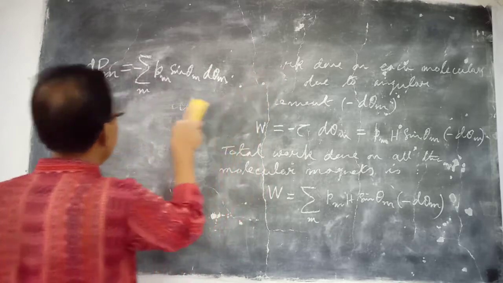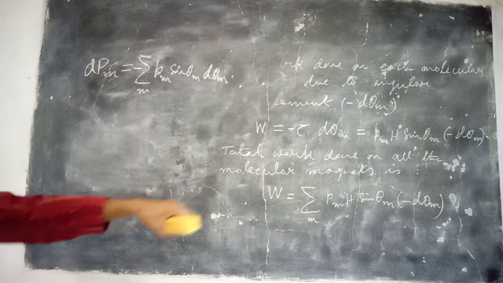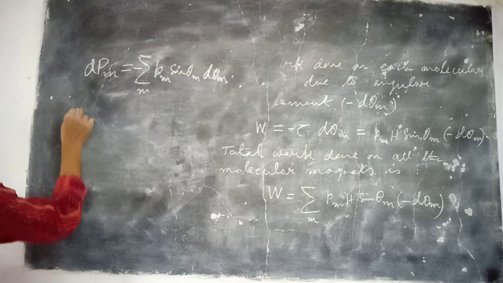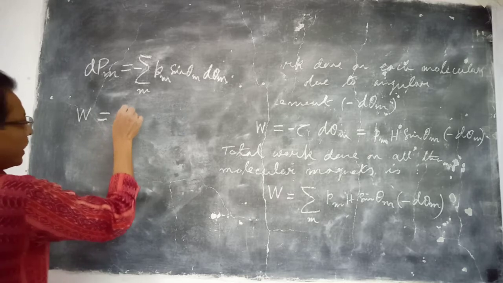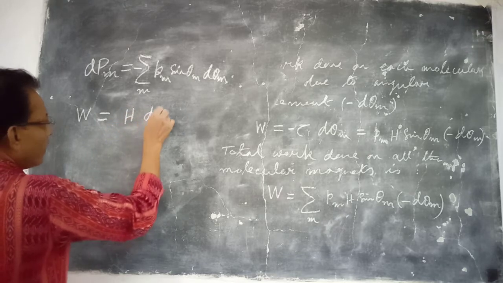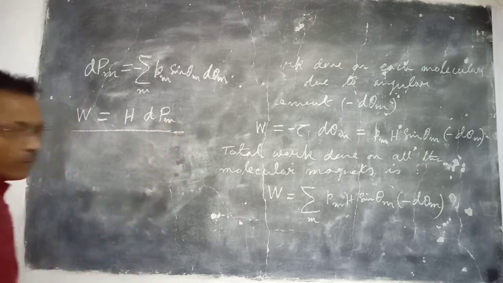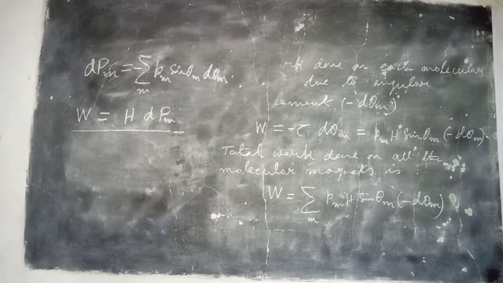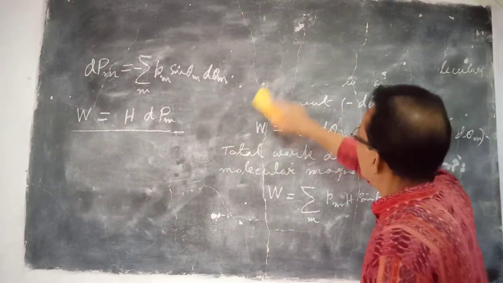This small increment dPm is the one we have calculated earlier. Now substitute this value here, then the total work done you get is H dPm. This is the total work done on all the molecular magnets.